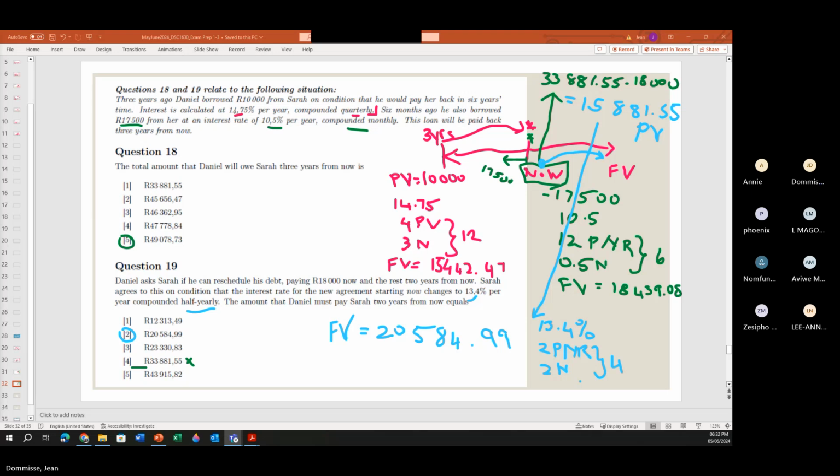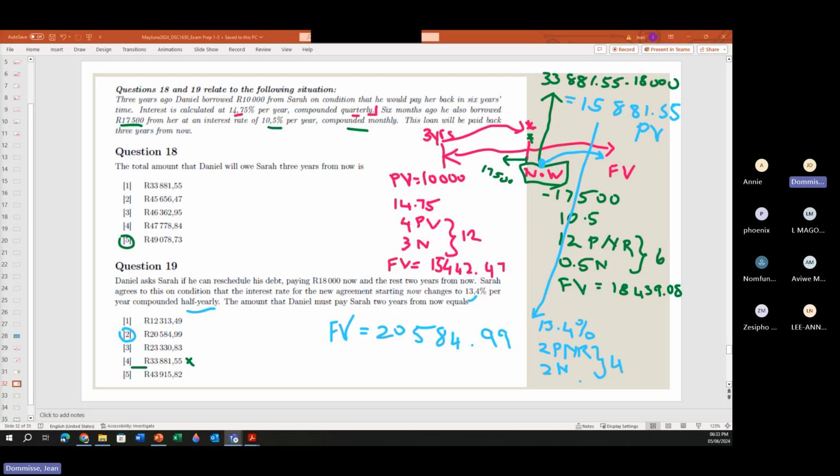And then they said to us, okay, from that current value that we need to pay back, we are making nearly an immediate payment of 18,000 that we can take off. And then Daniel does that, but Sarah wants to make changes to the loan, how it's going to be paid back.